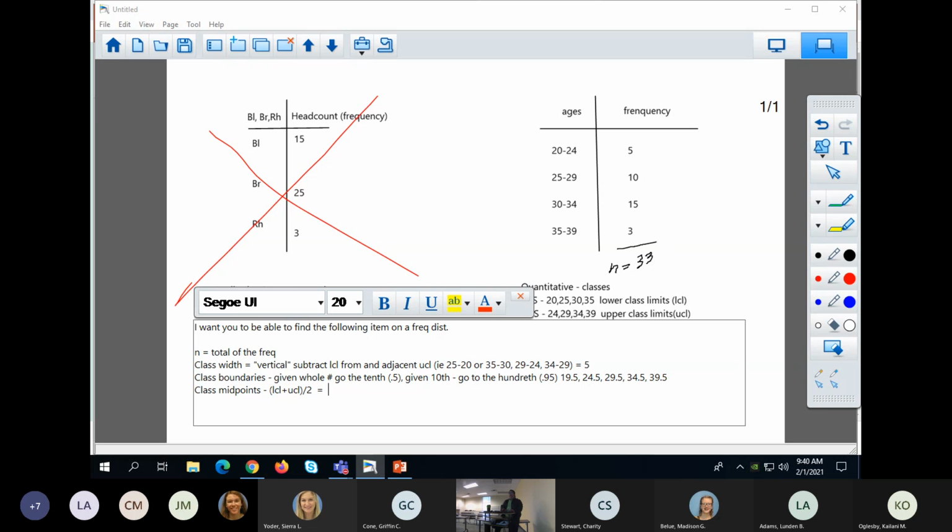So therefore, 20 plus 24 divided by 2 is equal to, well, that's 44, and that would be 22. And then add your class width, 5. 22 plus 5 is 27. 27 plus 5 is 32, 37, 42. Well, you don't have to go further.